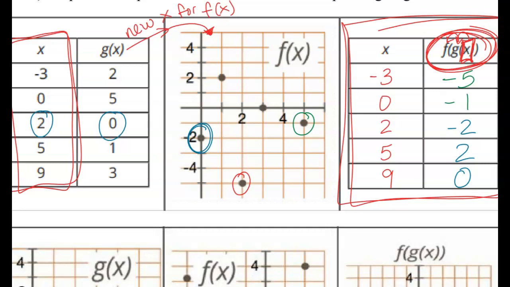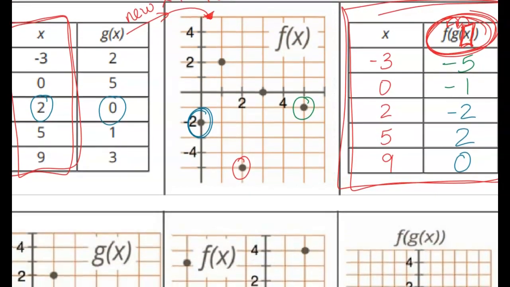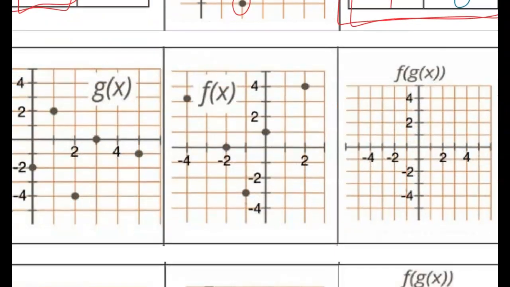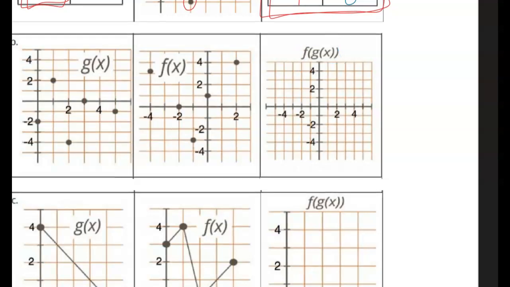Okay. So now we're doing the same thing, except instead of a table and a graph, they give us two graphs, and then they want composition. But like I said, anytime you have graphs and compositions, you should create a table to keep your values straight.